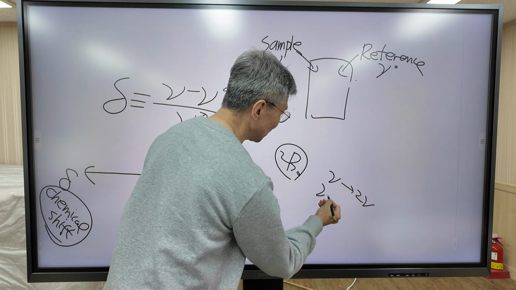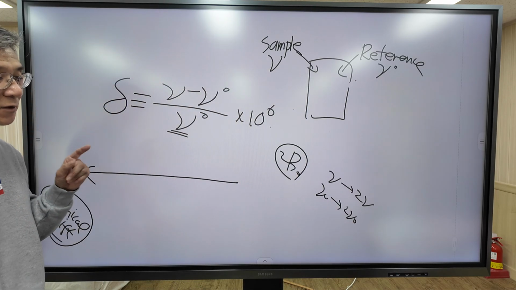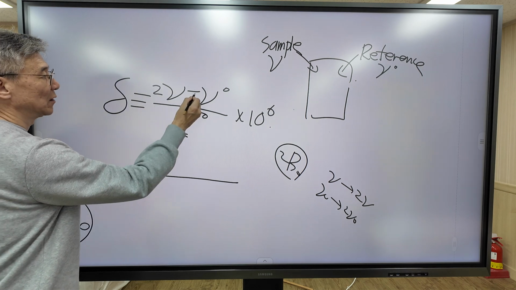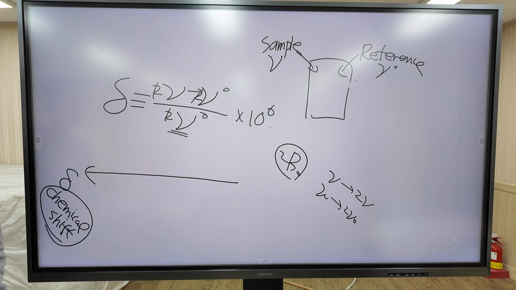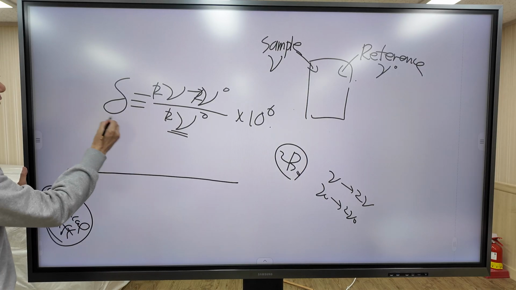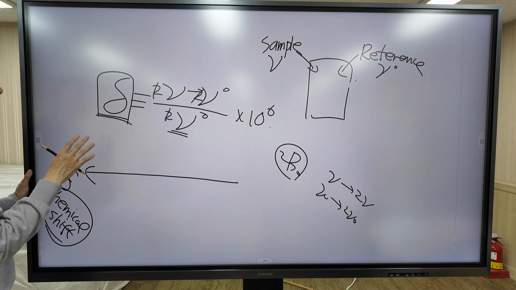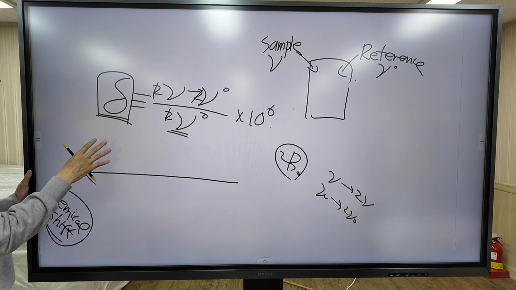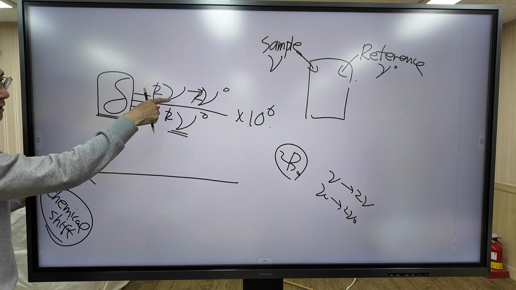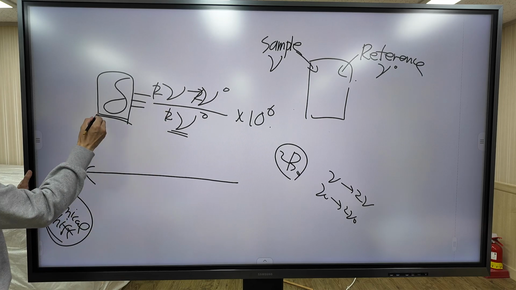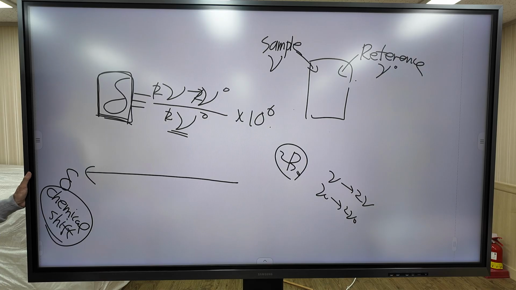Nu0 also doubles, 2 nu0. All the variables double. It is exactly cancelled. So when you measure delta, which is chemical shift, this value is instrument independent. It does not depend on the strength of the magnetic field because it is cancelled out.